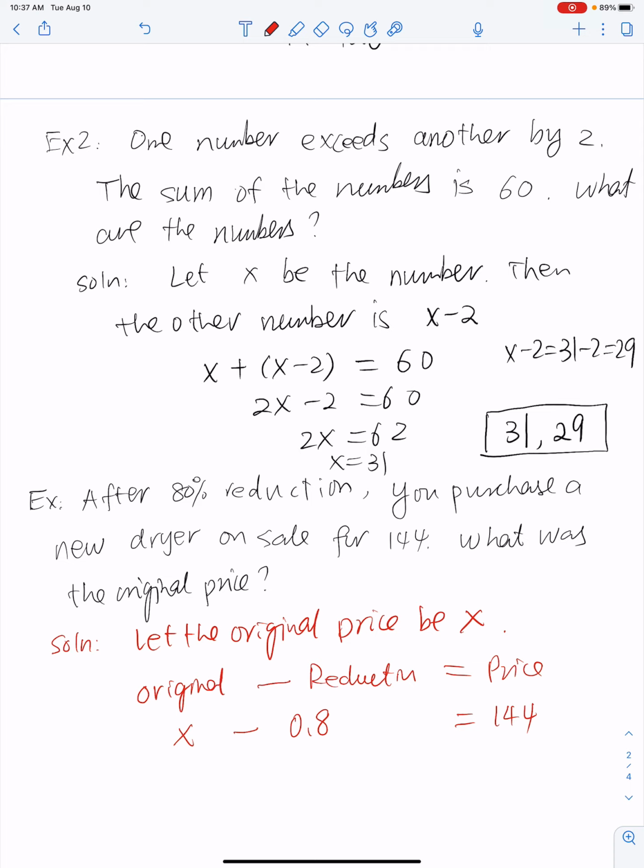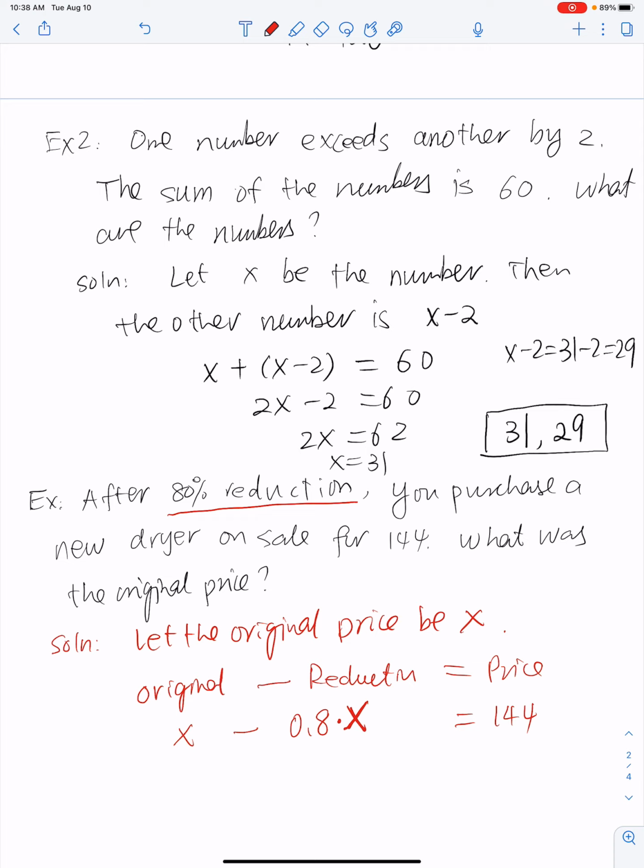No. Think about this. If you only have a sale of $0.8, would you be happy? No. This is an 80% reduction of its own price. So it's 0.8 times x. Very important. It's 80% of its original price.